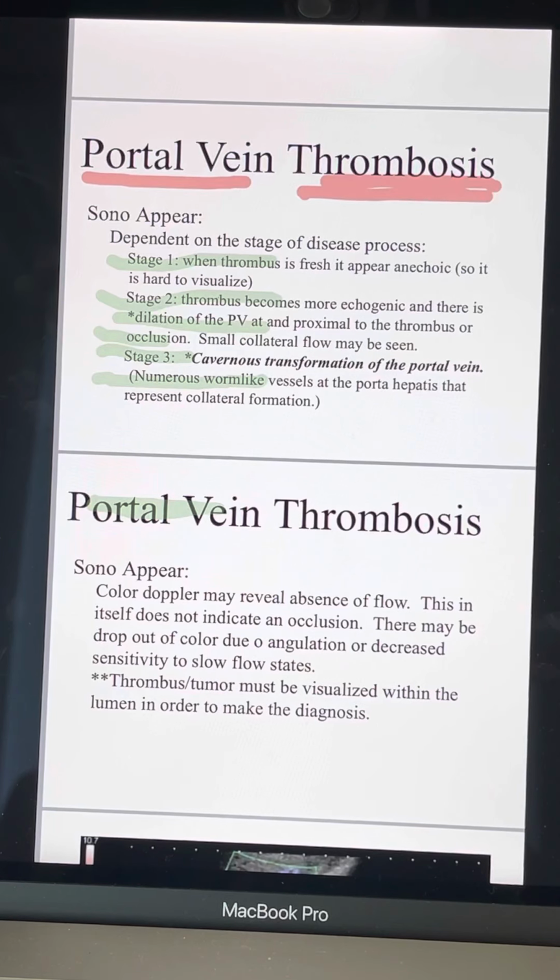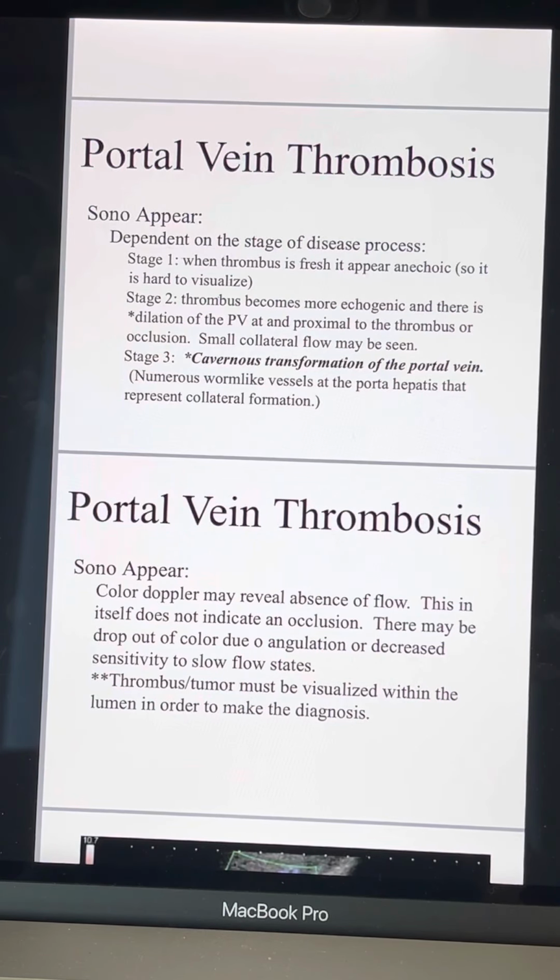Sono appearance with thrombosis. You all are at clinical sites and many of you do DVT on a regular basis, so I'm sure this is not new to you, how the thrombosis looks inside the vessel.